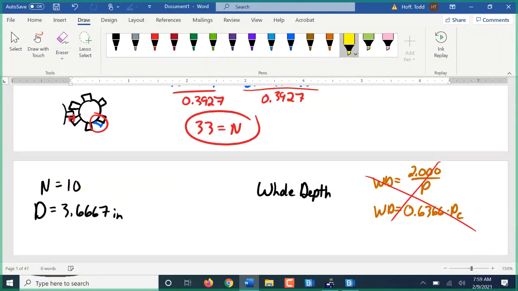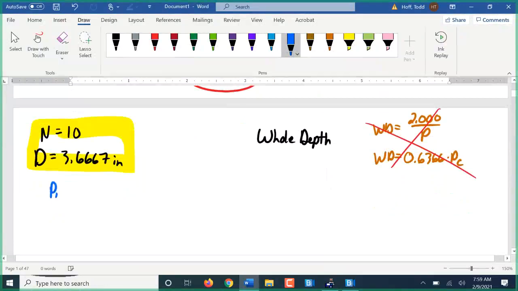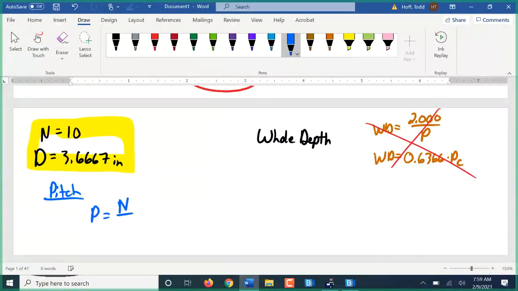So let's look at what can we calculate from what's given. Well, number of teeth and diameter, or pitch diameter, is the definition of pitch. So I look there, I can find the pitch. Pitch is equal to the number of teeth divided by the pitch diameter.